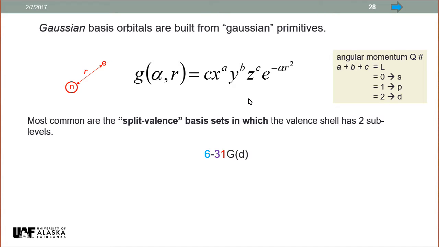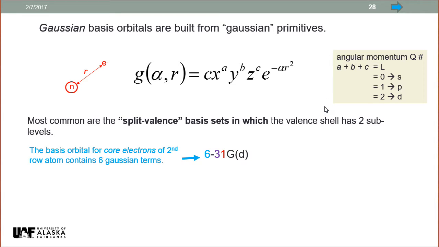Most common are the split valence basis sets, such as 6-31G(d), also called 6-31G star. The 6 indicates that for a second row atom, the basis function for the core electrons contains 6 Gaussian terms.